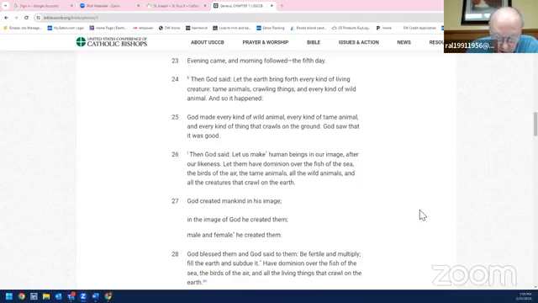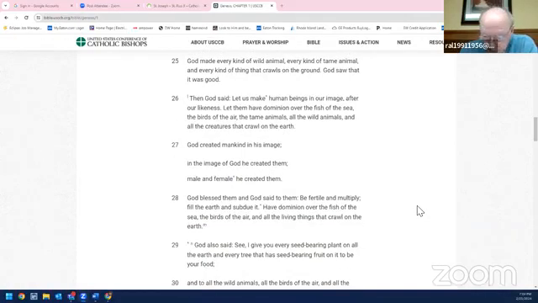God saw that it was good. Then God said, Let us make human beings in our own image, after our own likeness. Let them have dominion over the fish of the sea, the birds of the air, the tame animals, all the wild animals, and all the creatures that crawl on the earth.